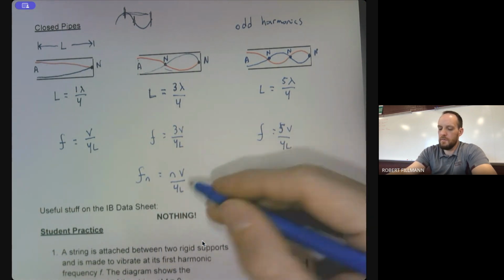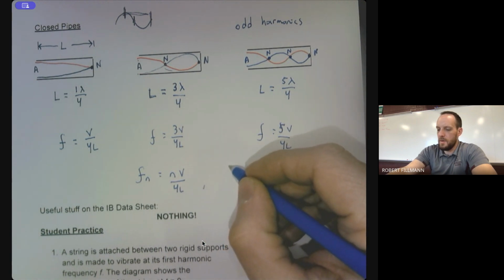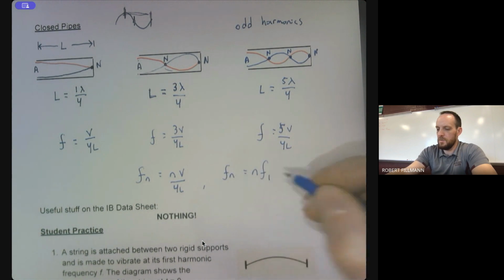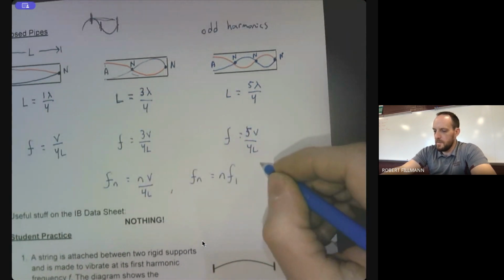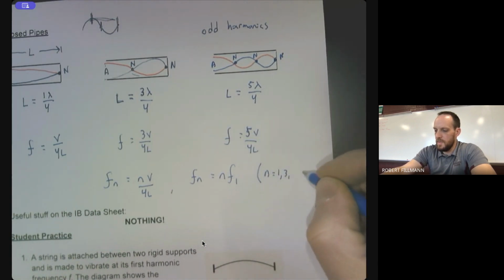And again, V over 4L is the fundamental, the main note. The frequency of the nth harmonic, just like for the other string, is equal to N times the first one. The difference is n isn't all of my integers. Now n is only the odd numbers, 1, 3, 5, 7, 9.